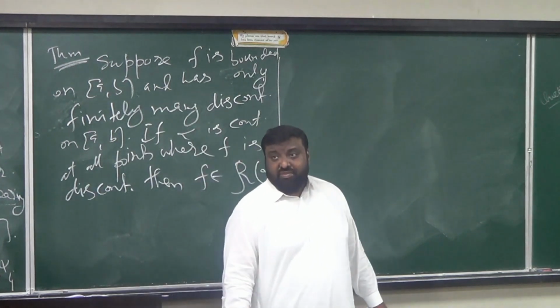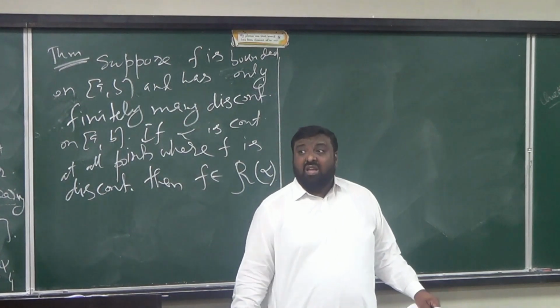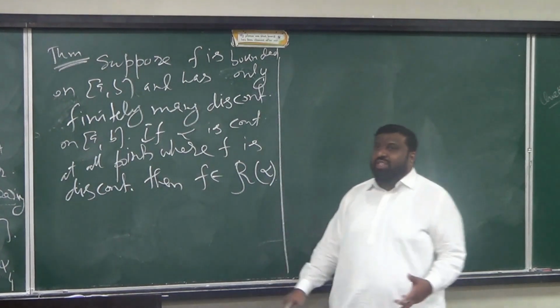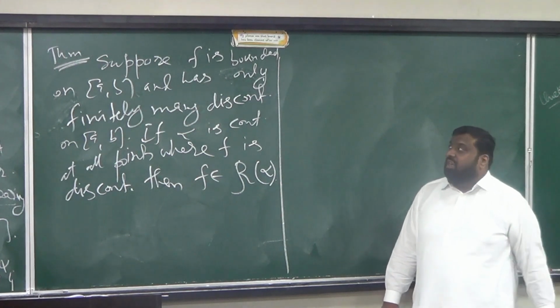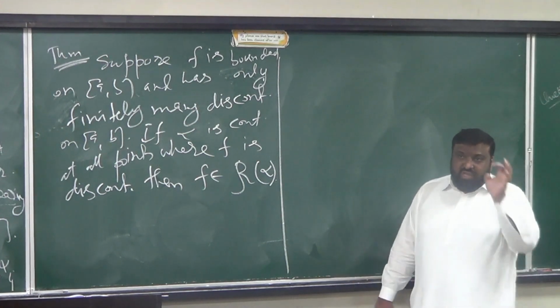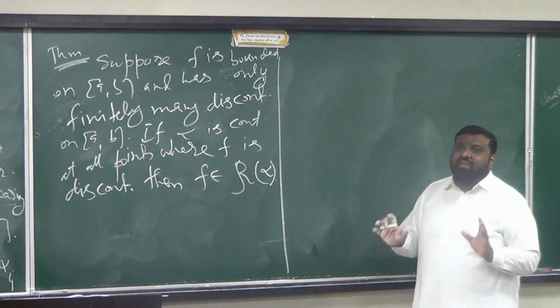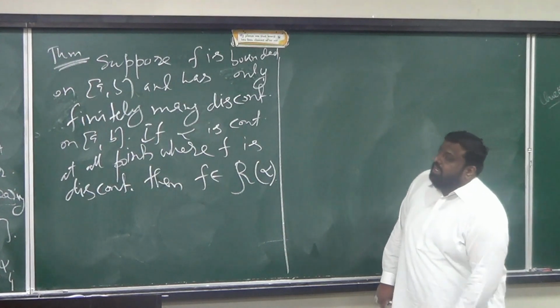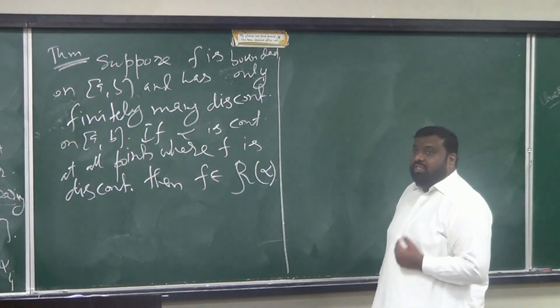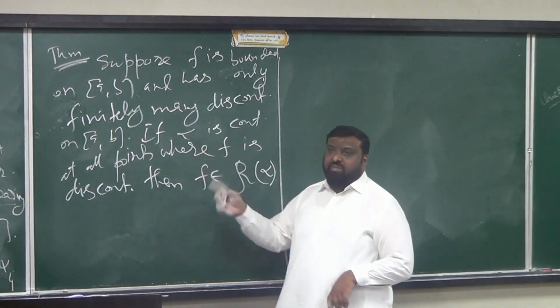Something very interesting. Think about it. You're not removing anything out of it, you're not making any change in it. I'm saying that f is a function which must be bounded, obviously. Second thing, it has only finitely many discontinuities. But at those discontinuities, we need that alpha must be continuous.